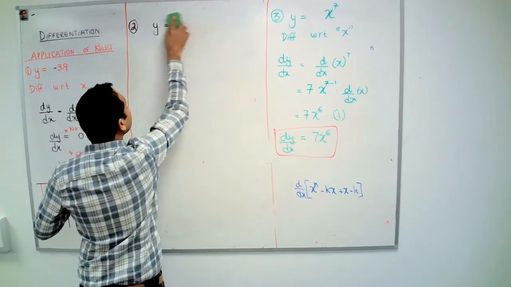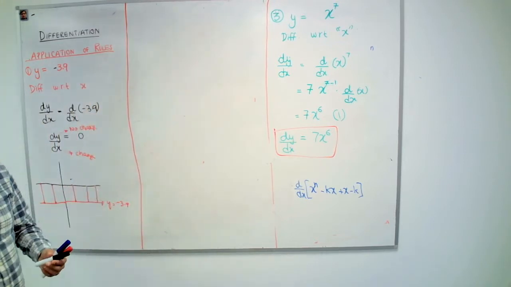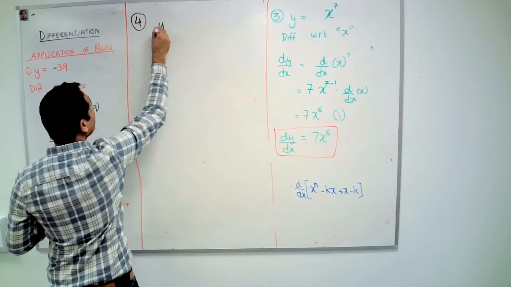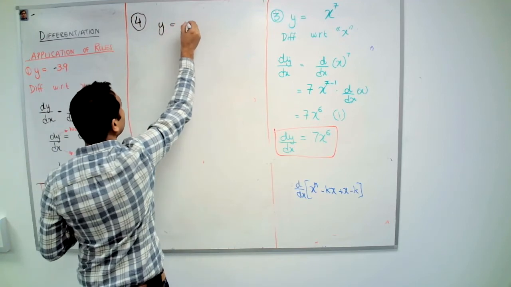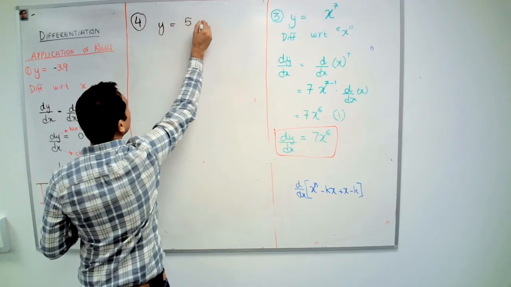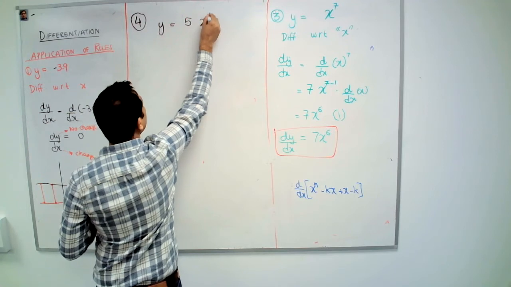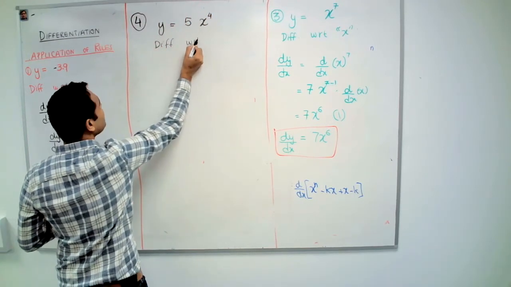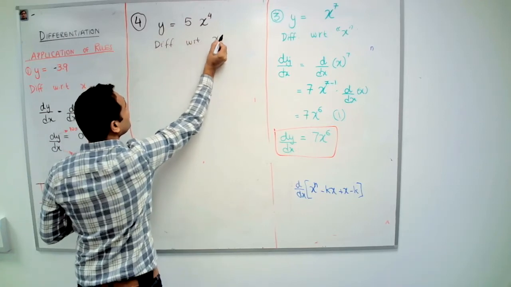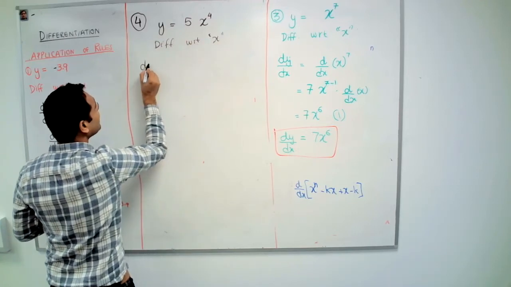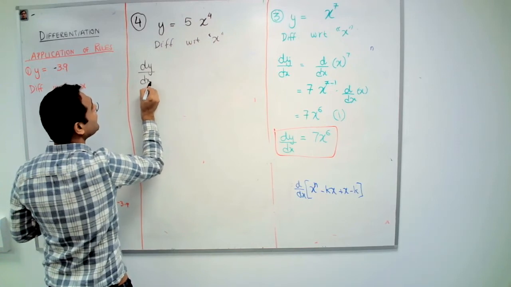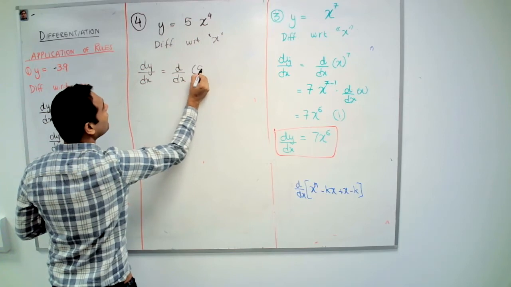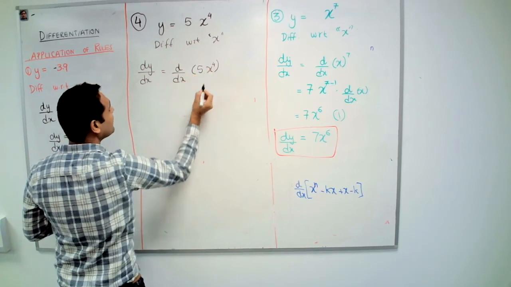Let me do this one here, and let me call this one number 4. Let's say y equals 5x to the 4, and I want to differentiate. So dy over dx equals d over dx of 5x to the 4.